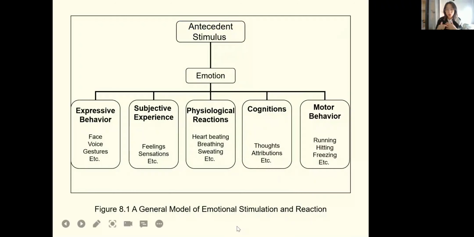It's a model of emotional stimulation and reaction, and we can see that emotions involve many factors, like expressive behavior: our face muscles, our voice, high or low, and our gestures. They all express our emotions. And subjective experience: our feelings, our sensations. Even if our expressive behavior is the same, people may have different subjective experiences towards the same thing.